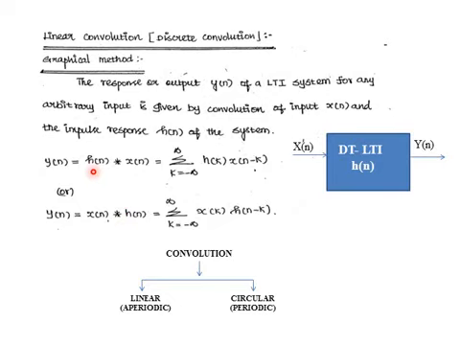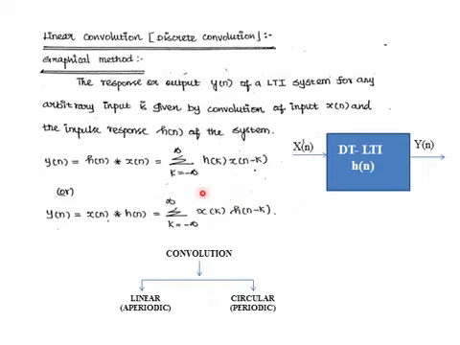Here we have h of n convoluted with x of n. The same can also be written as x of n convoluted with h of n. Now, for which the formula is summation k is equal to minus infinity to infinity x of k h of n minus k. Both are one and the same.